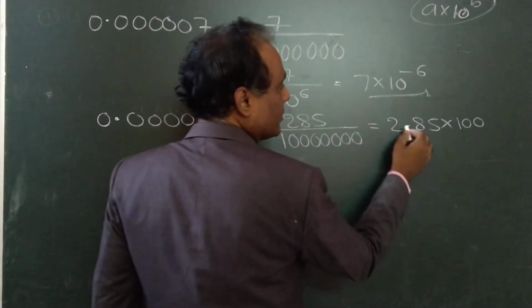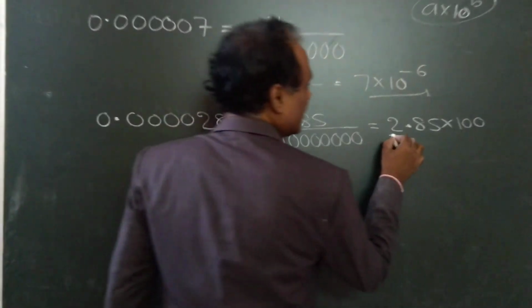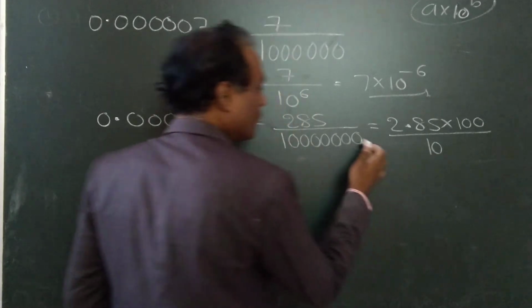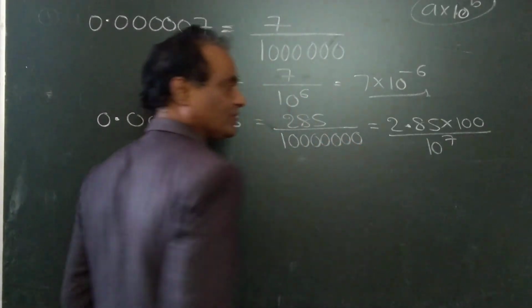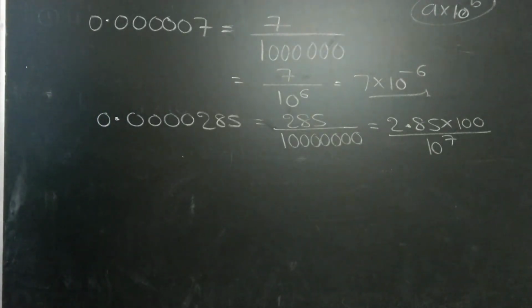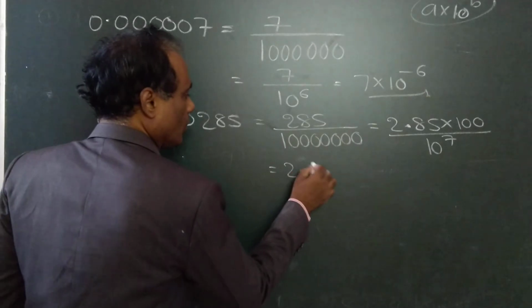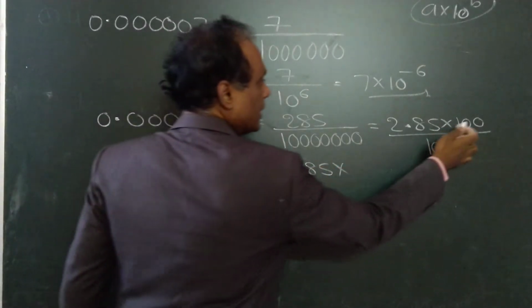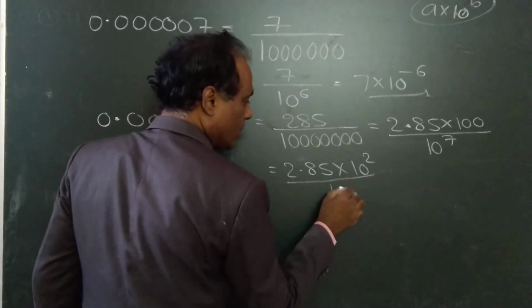And the denominator is 10 to the power of 7. 2.85 into 10 to the power of 2 by 10 to the power of 7.